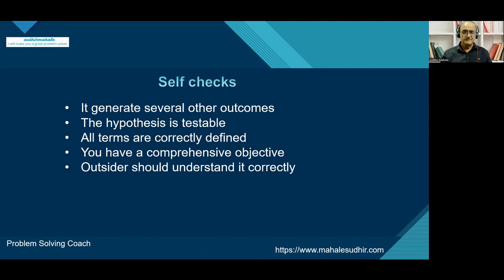And then we have to do some self checks, whether it generates several other outcomes. That is, the solution may be there, but by doing that, some other variable or other outcome will be there that will have separate benefits. So altogether we can see whether we can find more outcomes, so that not only this, but we will be solving other related problems also.